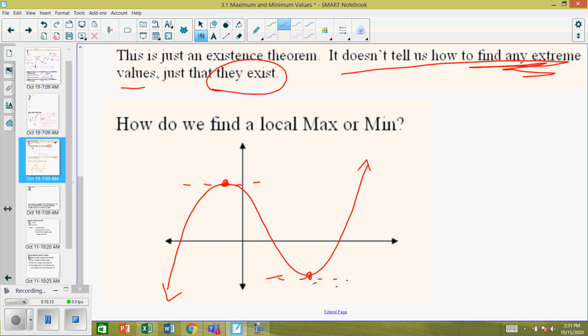Well, I'm sure you're probably already figuring this out. At extrema, we have horizontal tangent lines. Another way of saying that is when f prime of x equals 0. And we've already touched on this so much, but now we're putting it into an official lesson here, that anytime we have f prime of x equals 0, we should be at a max or a min.